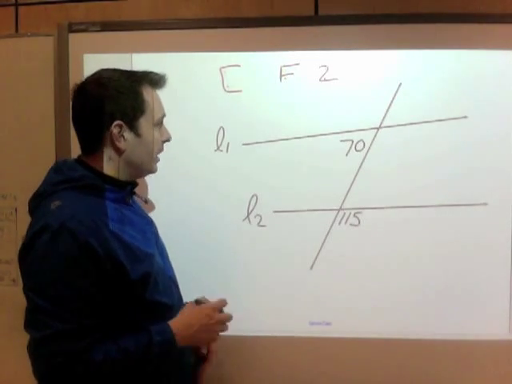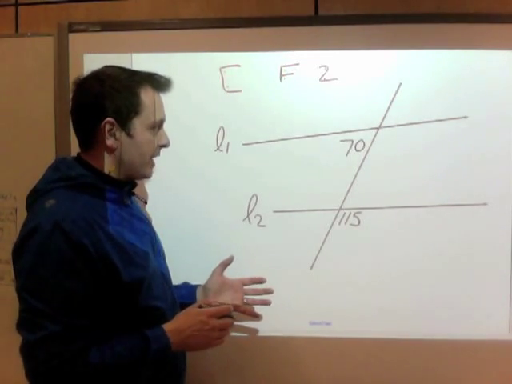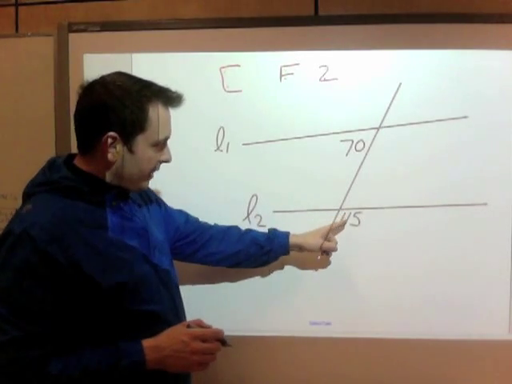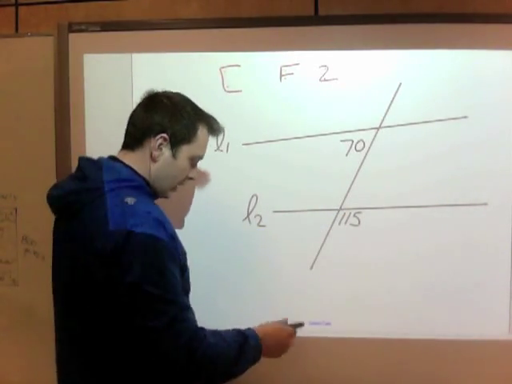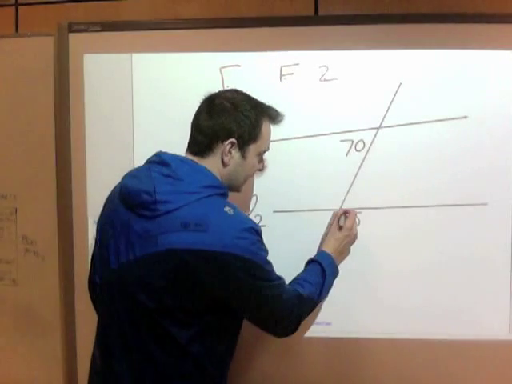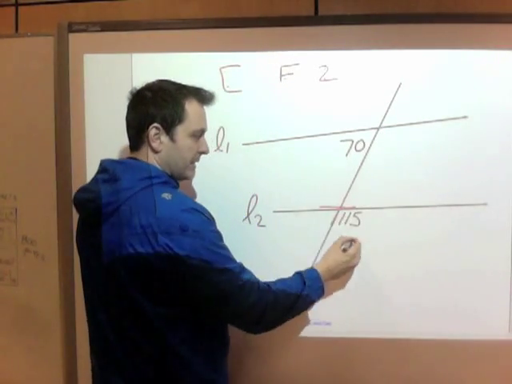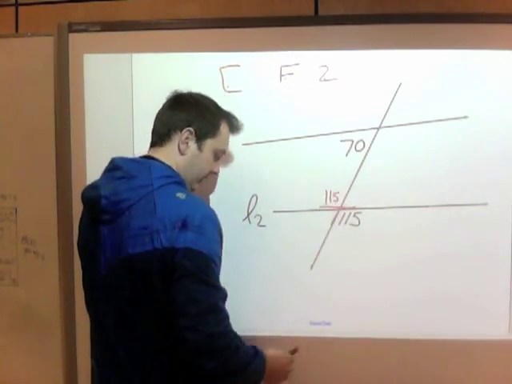So let's try and see a C, an F, or a Z here. Well, if I know this is 115, I know that when I make an X, the vertically opposites, this has to be 115.